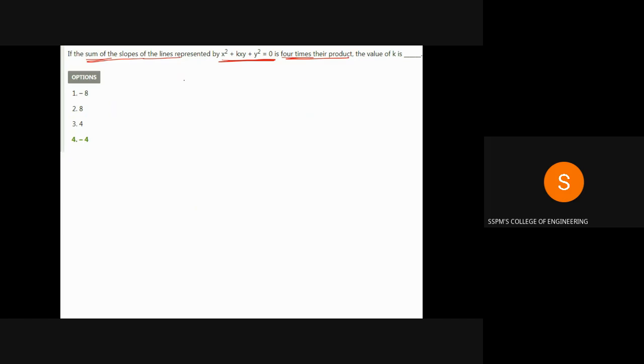It means we can write the equation as m1 plus m2 is equal to 4 times the product, that is 4 m1 m2. Now we have to find the value of k. So the condition says that m1 plus m2 is equal to 4 times m1 m2.